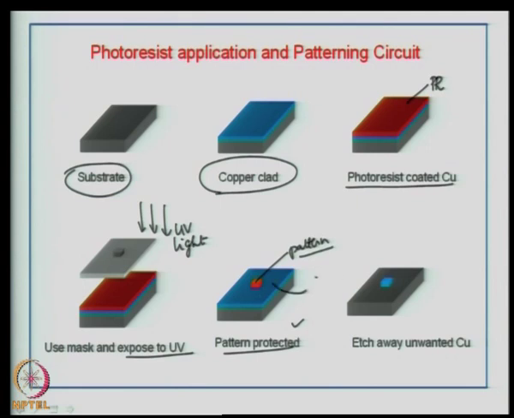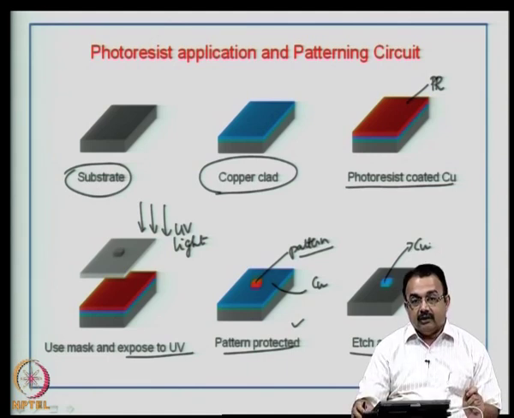Now, this original copper is etched away, retaining only the small area of copper that you require as a pattern, as a circuit. So, this is a very simple schematic that you can look at carefully and understand how a photoresist works.